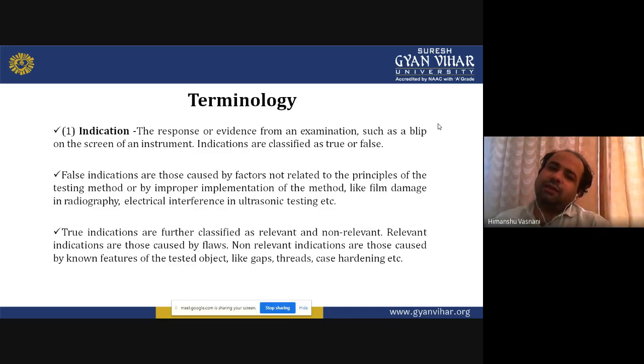These two indications are non-relevant to testing, but they are important in terms of testing, because unless and until you overcome those issues or indications, you are unable to do the testing further. So these indications are very important while testing with the instruments.